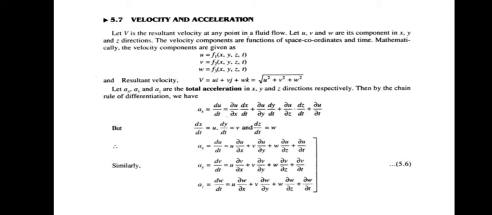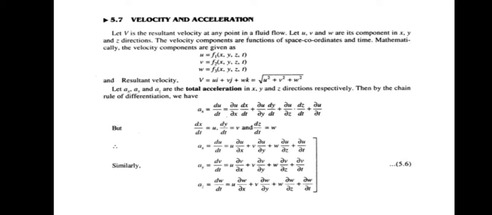Now substituting these values in the above equation, we get ax equal to du/dt equal to u ∂u/∂x plus v ∂u/∂y plus w ∂u/∂z plus ∂u/∂t. Similarly, ay equal to dv/dt equal to u ∂v/∂x plus v ∂v/∂y plus w ∂v/∂z plus ∂v/∂t.